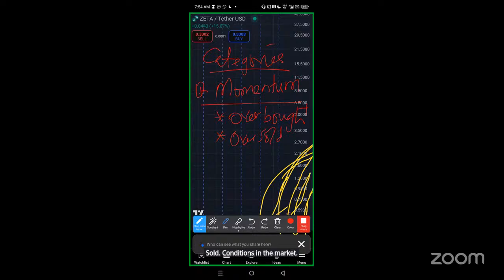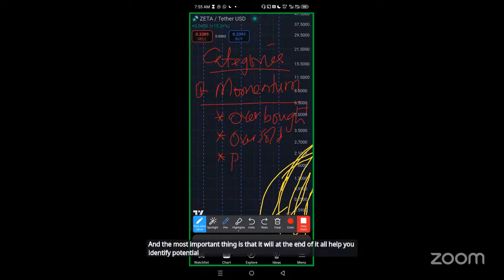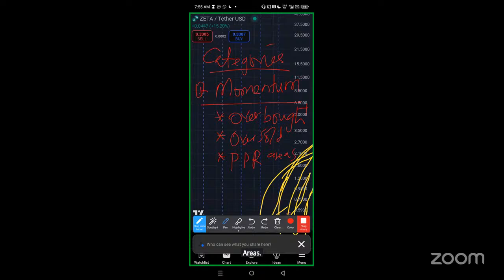And the most important thing is that it will, at the end of it all, help you identify potential price reversal areas. Okay, so those are the three key aspects of these momentum indicators.